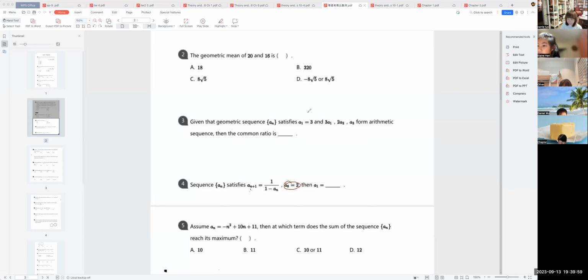What? 你看，当你知道 A1，你可以知道 A2，你知道 A2，你知道 A3。那这次你知道 A8，那是不是首先你看 A8 等于 1 over 1 minus A7? So that means you can find A7 first. Get it? And when you have A7, you can find A6 first. And A6, you can find A5 first.